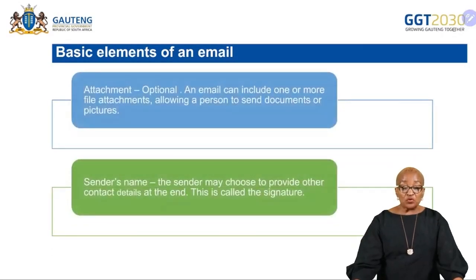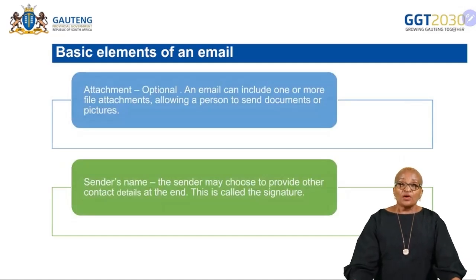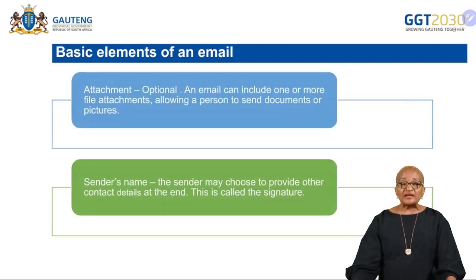We have what we call attachment. This is optional. An email can include one or more file attachments, allowing a person to send documents or pictures. Many a time, we would have a very brief message, and that message would be supported by attachments.